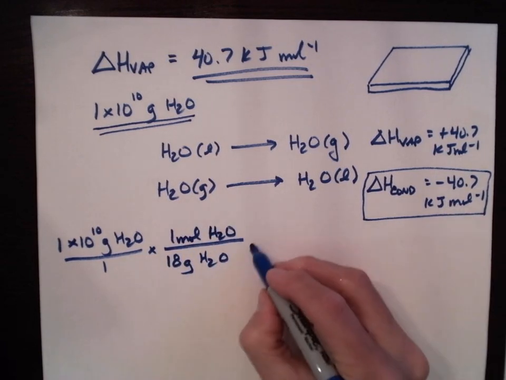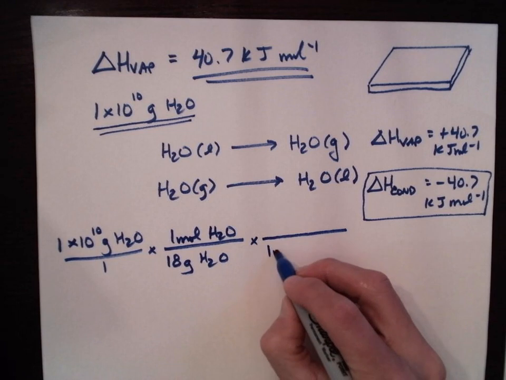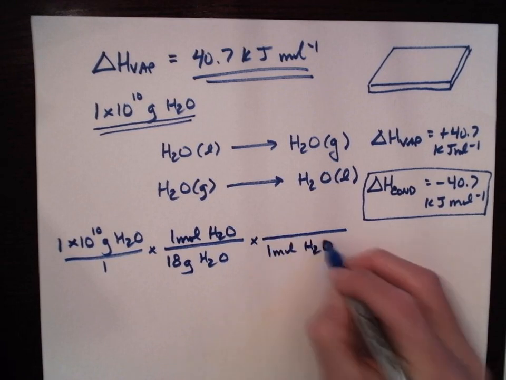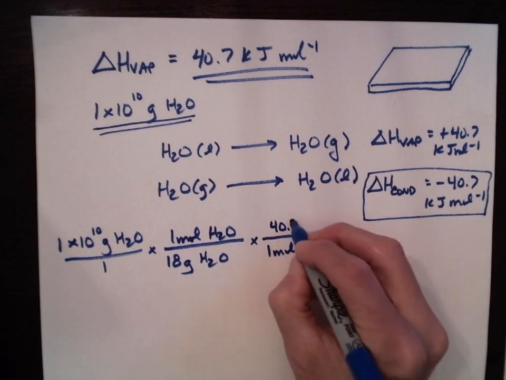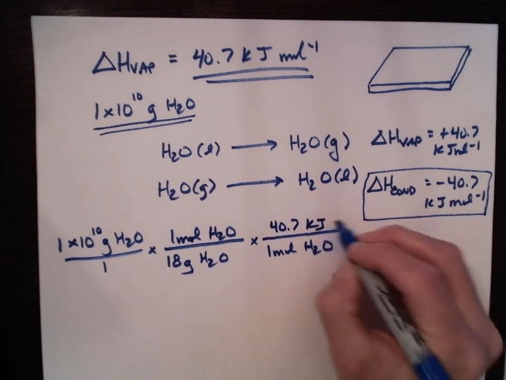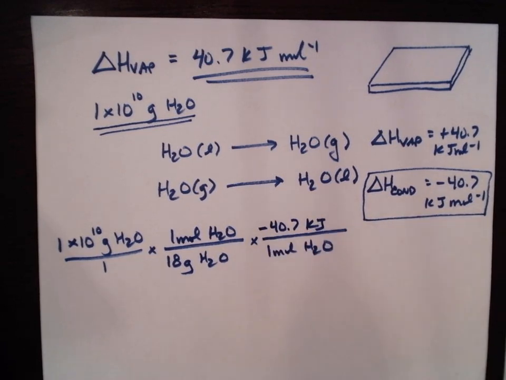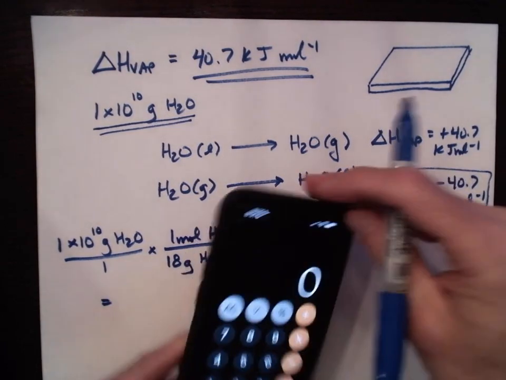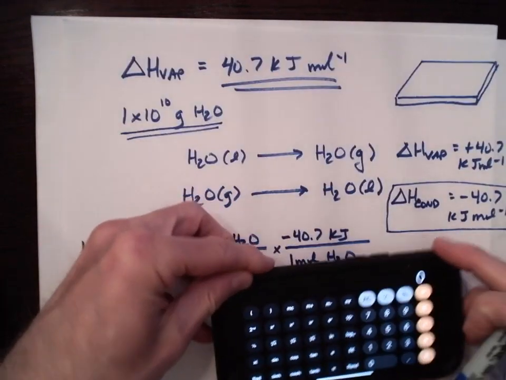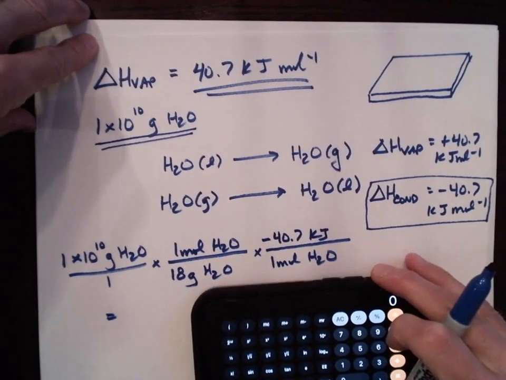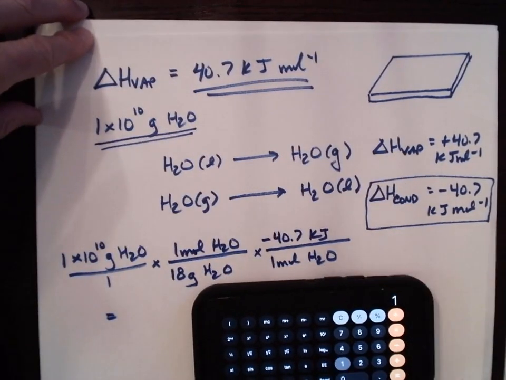And then using this here, we know that for every mole of water, there's going to be 40.7 kilojoules of energy released. Running through the arithmetic, we will have 1 times 10 to the 10th.